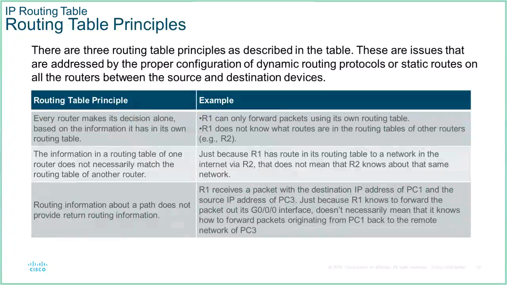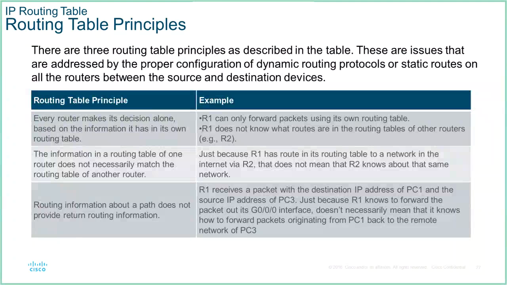So each router makes its forwarding decisions based on its own information in its routing table. If that route is not in its routing table, it doesn't exist as far as that device is concerned. One device's routing table does not necessarily match another device's routing table.